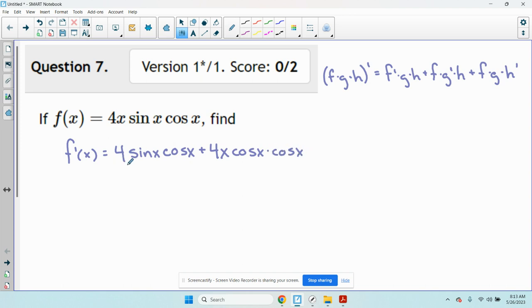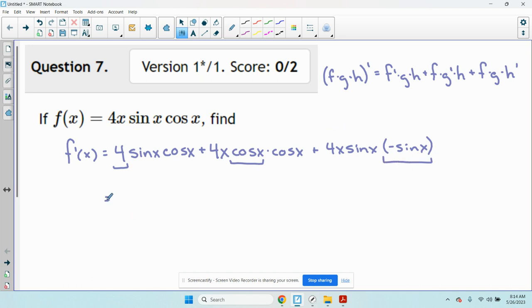So this here, I took the derivative of the first term. Here, I took the derivative of the second term, plus the first term times the second term times the derivative of the third term. Here, I took the derivative of the third thing.